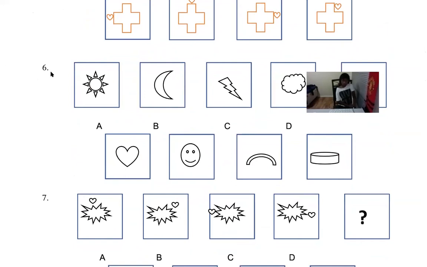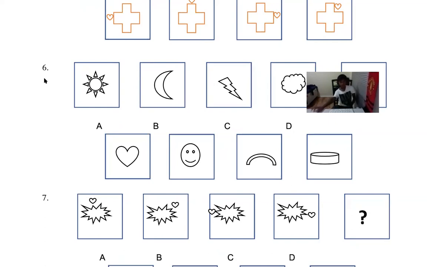All right. Here's question number 6. Question number 6, guys. So the question is just under clouds. Okay, I think I know. Rainbow. Surely it is. A. Melvin.